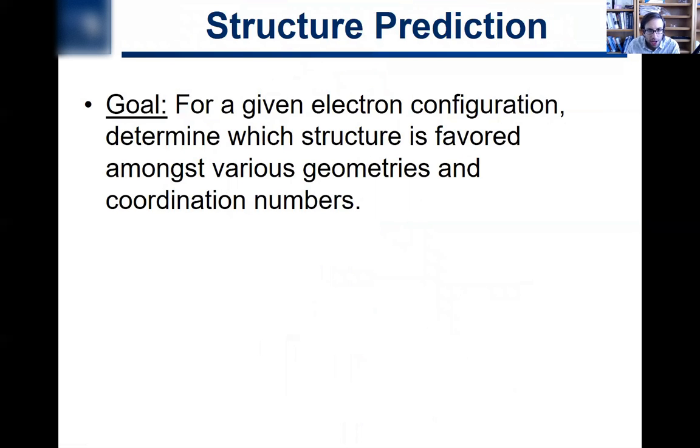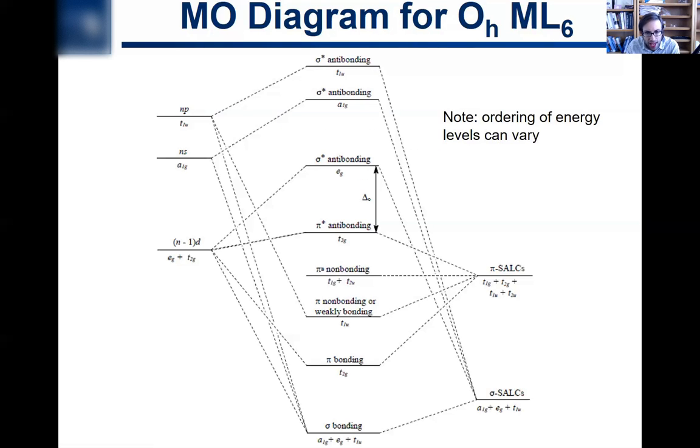All this is to say, this is why different ligands are different in the spectrochemical series. It has to do with how pi bonding they are, how pi antibonding they are, and the energies of these. That's why the spectrochemical series is hard to intuit. You need to go through this MO diagram analysis, and for each ligand you'd have to know something about the energies and figure that all out.